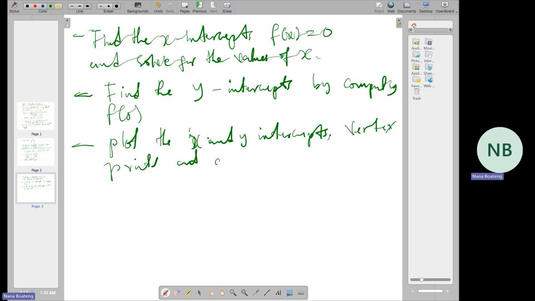So these are the steps that we take to be able to graph a quadratic function.